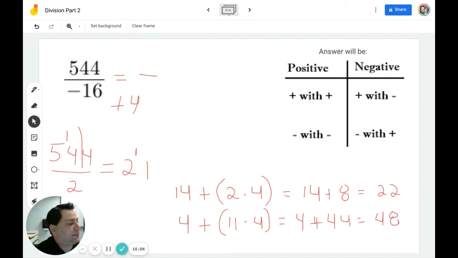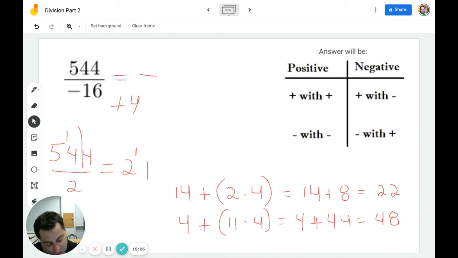How many times does 16 go into 48? Well, if we think about it, 6 times 3 is 18, and 48 ends in an 8. So there's a pretty good chance that it's going to be 3. So we do it. 16 times 3. 3 times 10 is 30. 3 times 6 is 18. 30 plus 18 is 48.